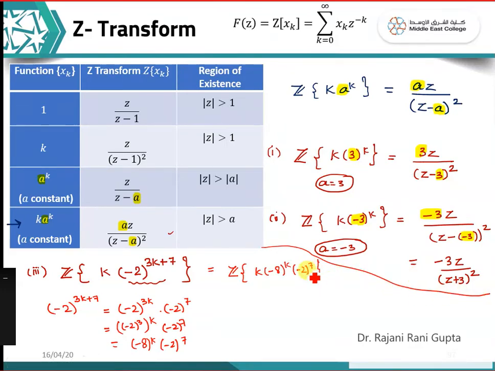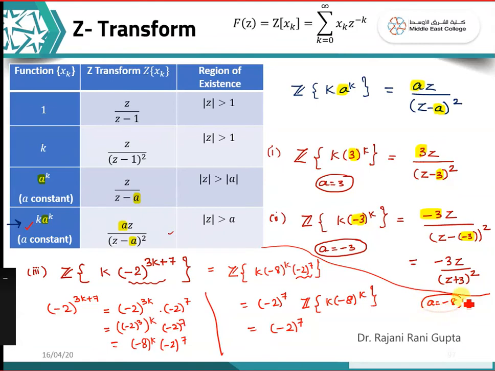Okay, so now minus 2 to the power 7 is a constant, take it outside. Minus 2 to the power 7 times the z transform of k times minus 8 to the power k. This gives you minus 2 to the power 7. Now here we can make use of this rule with the value of a as minus 8.